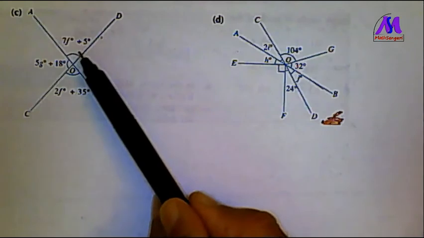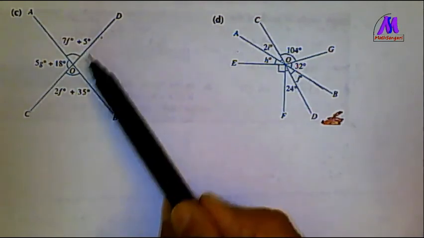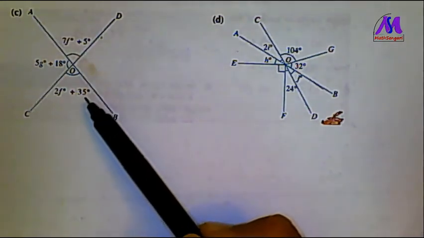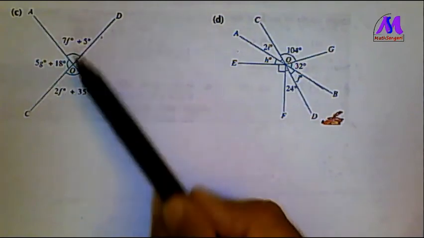Part C. Here two straight lines AB and CD intersect each other, and we have to find the values of f and g. If we focus on lines AB intersecting CD, it means 7f plus 5 degrees and 2f plus 35 degrees are vertical opposite angles.